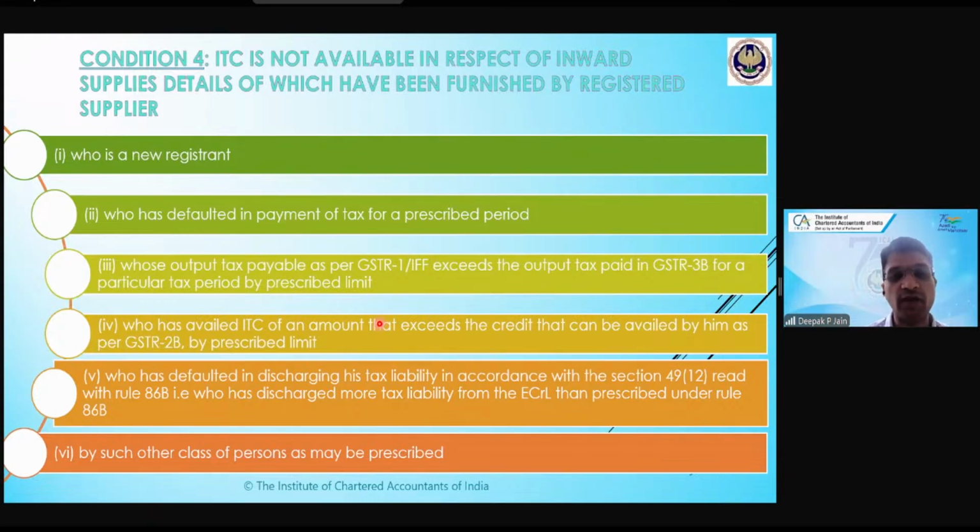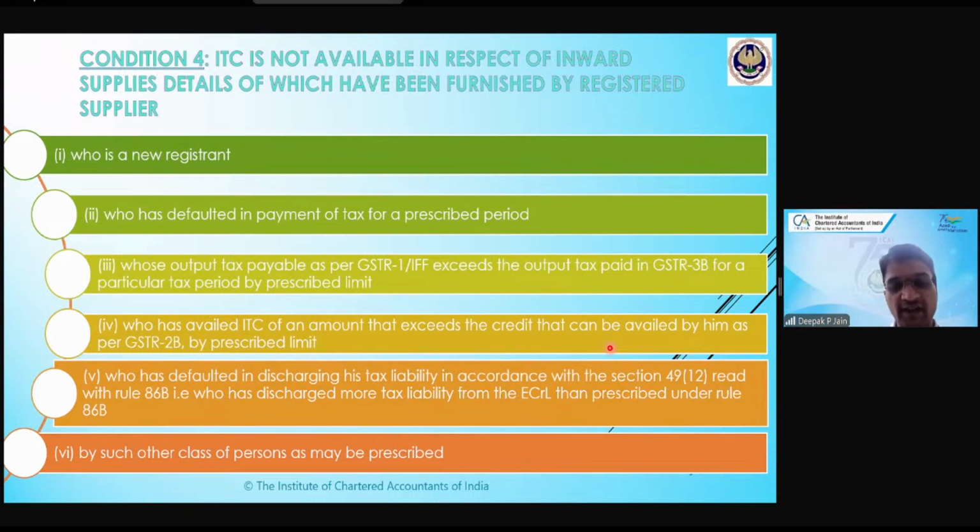Third is whose output tax payable as per GSTR1 exceeds the output tax payable in 3B. He has disclosed more sales and he's paid less taxes in GSTR 3B. And the reverse is the fourth, who has claimed the credit in excess of the amount in GSTR 2B. And the fifth category is 86B. We'll read 86B at the end.